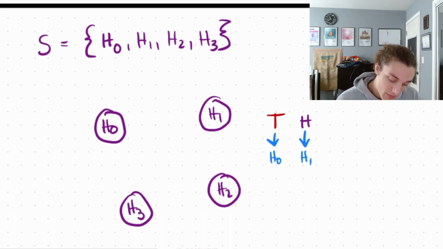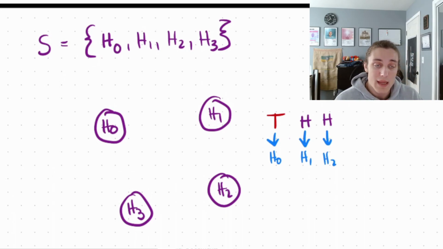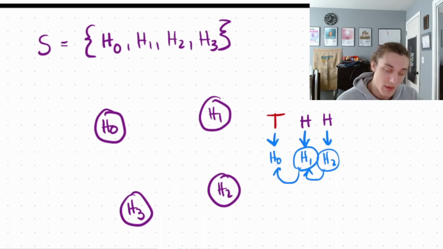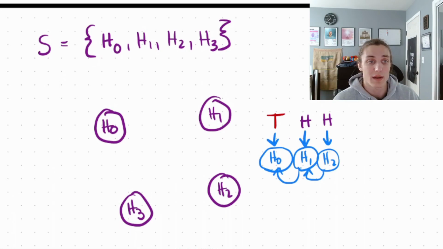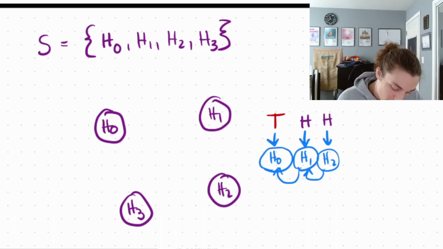Now, if I throw another heads, what state am I going to be in? I'll be in H2. It only matters if H2 knows this one. Why? Because this one knows about this one. And would you look at that? That's starting to look like a chain, hence Markov chain.